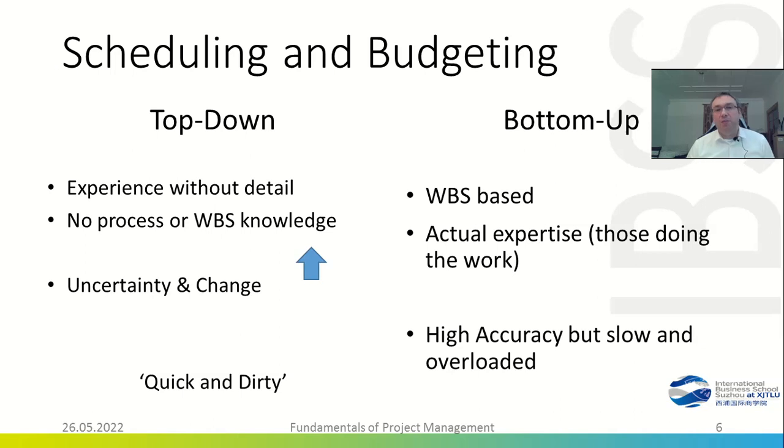When you use the bottom-up method, you explicitly use the work breakdown structure and cost every single work package by actual experts, namely those who are doing the work. This is extremely accurate, but it will be very slow and overloaded. When you ask the people completing the work how much it will cost, they will tell you more, and when you ask how long it will take, they will tell you longer.